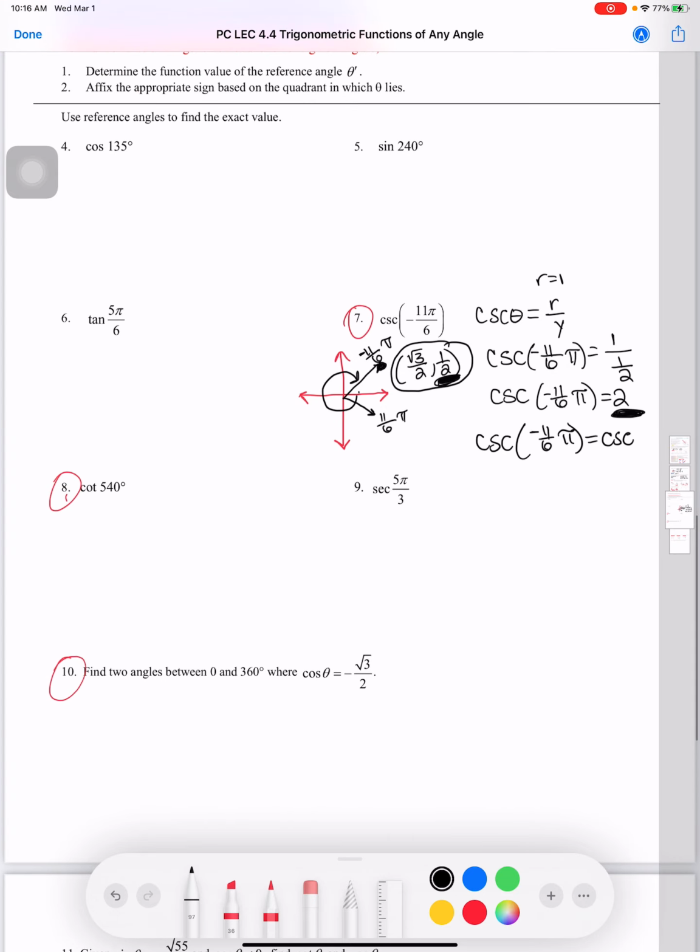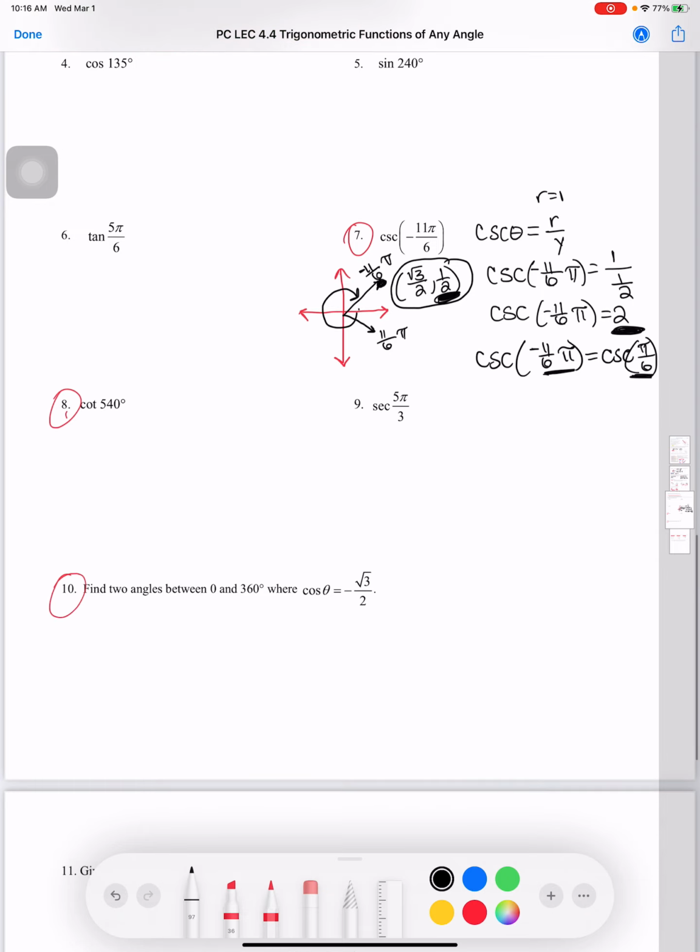I'm running out of room. So that is really the concept here, understanding that pi over 6 is the reference angle that we use to pull those values from. Okay, so I guess that's the new concept here.